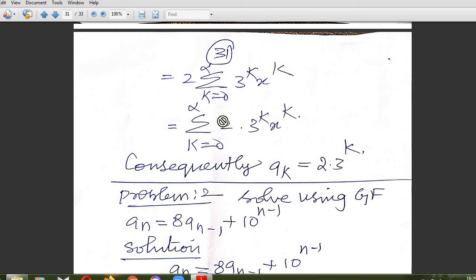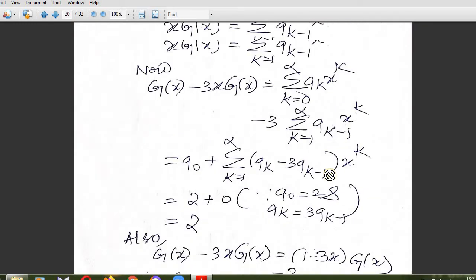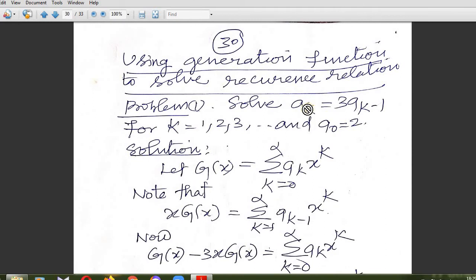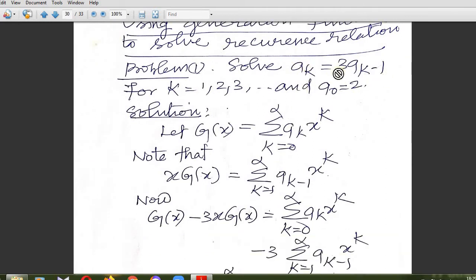This is the corresponding sequence for different values k equal to 0, 1, 2, 3, and that will give you the sequence. Am I correct? Understand that? And that sequence will satisfy this recurrence relation.